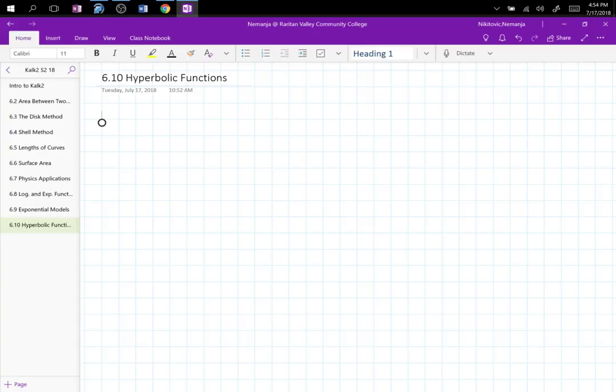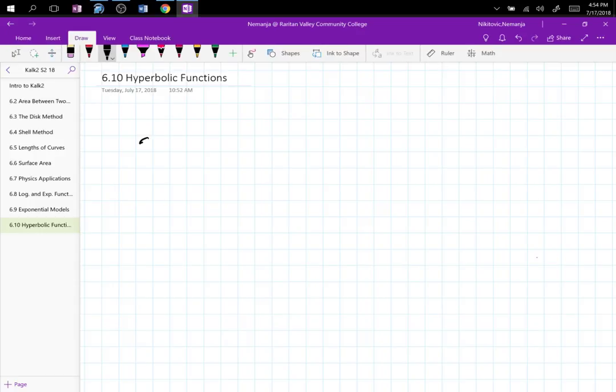At one point in his life, he figured out that he can write the sine x function in terms of the exponential function, as e to the ix minus e to the negative ix, divided by 2i. And that's i, the complex i. i is the square root of negative 1.